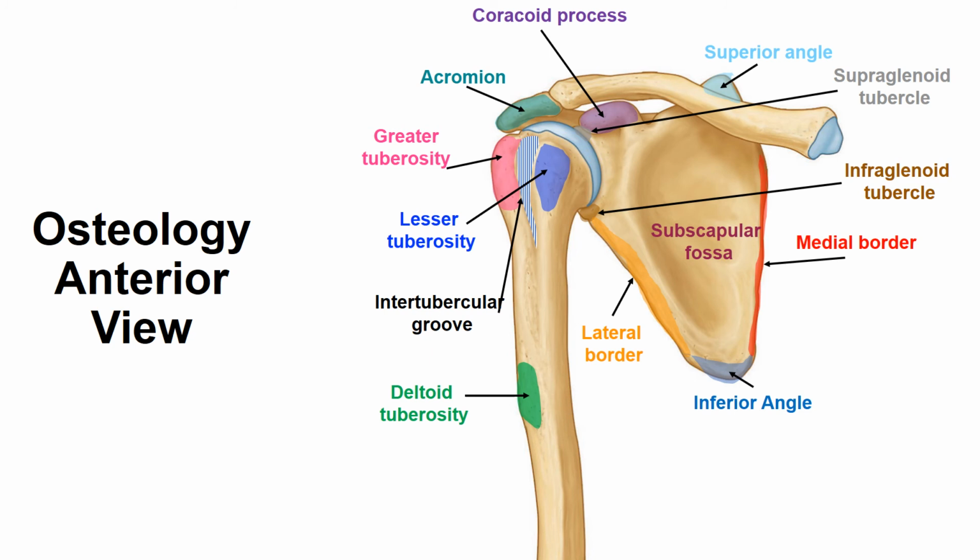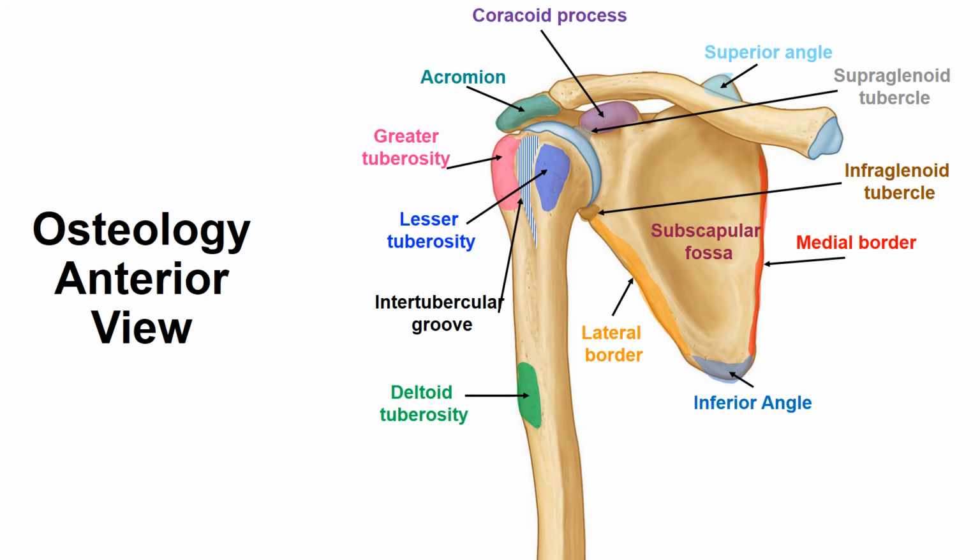If you look just superiorly to the lateral border, there'll be a brown and gray colored spot. These are going to be your infraglenoid tubercle and your supraglenoid tubercle. The names come about because where the head of the humerus sits in, creating that ball and socket, the socket portion of the scapula is actually called the glenoid fossa.